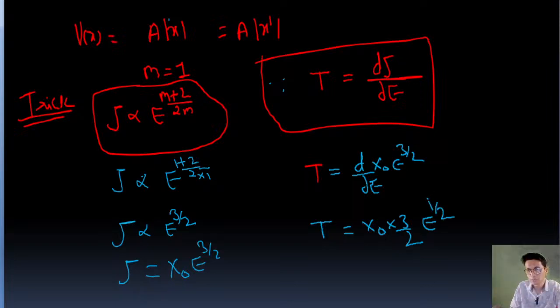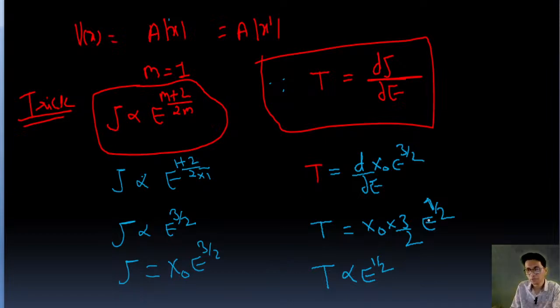So this is E to the power 1 by 2. Now you can see T is proportional to E to the power 1 by 2. Simple, right?